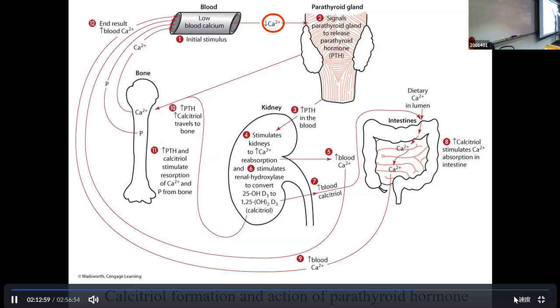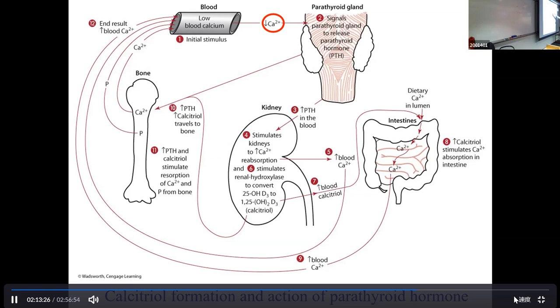This decrease will trigger the parathyroid gland to make and release more parathyroid hormone, which is PTH. The PTH goes into the blood and will act on two organs, the kidney and the bone.